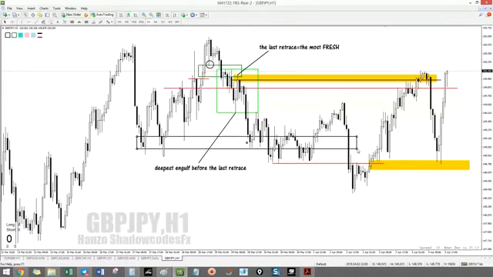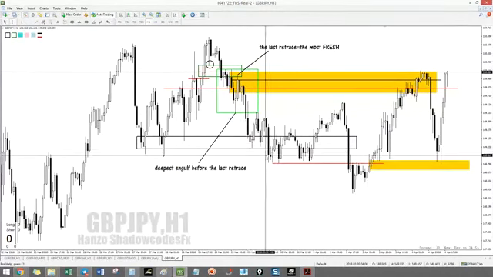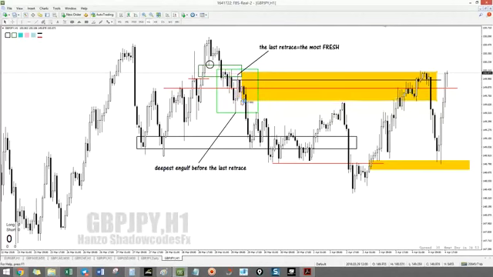Okay, so you know that you will want to take this demand to be engulfed. Okay, so the base that engulfs this one, which base? Okay, this base is the one that pushed price to engulf this. Actually, the last one is this one.